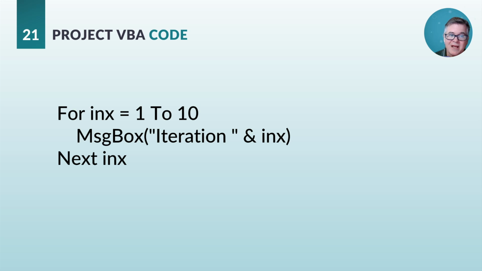If you run this, this runs in a loop 10 times, 1 through 10, and it would print out in a little box iteration 1, iteration 2, iteration 3, iteration 4, etc., all the way to 10. It just allows you to loop through things. This gives you power in your programming because that's what you want to do a lot of times, is do things over and over again over a certain range.